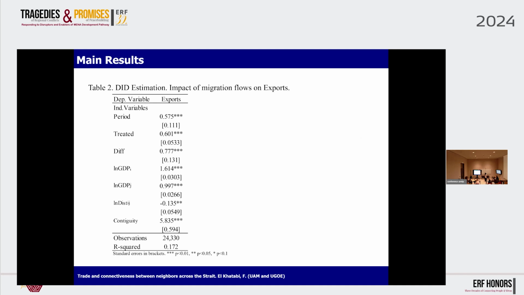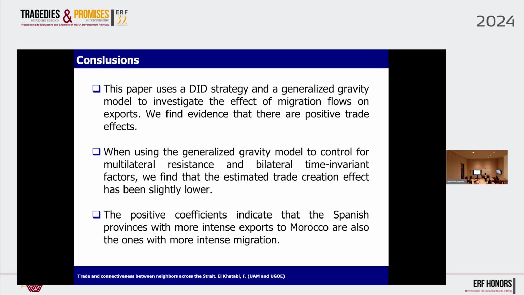Going to the results and conclusions, this paper uses a difference-in-differences strategy and a generalized gravity model to investigate the effect of these migration flows. We find evidence of positive trade effects between both countries, and specifically between Spanish and Moroccan provinces.